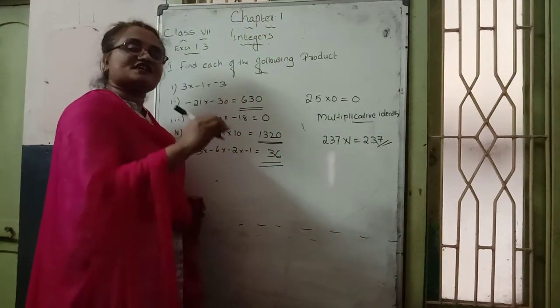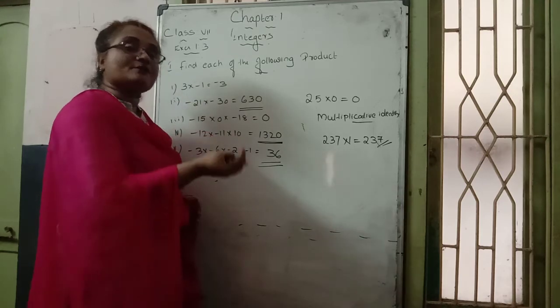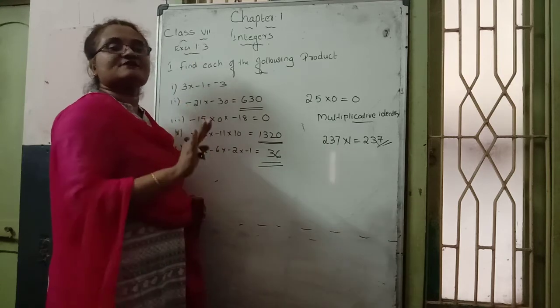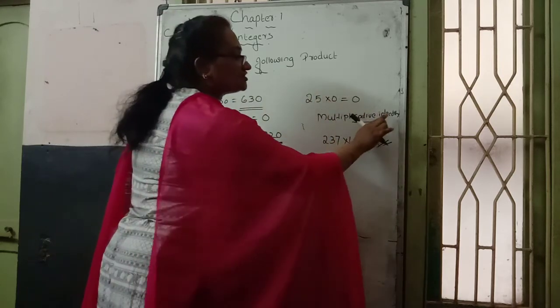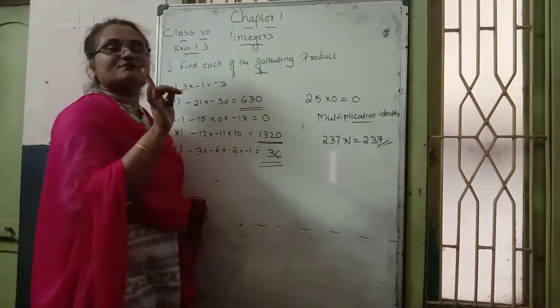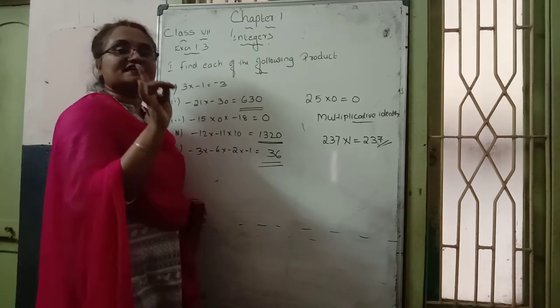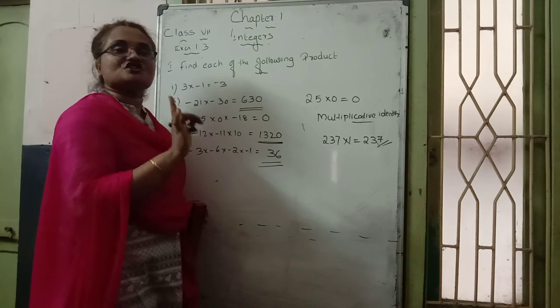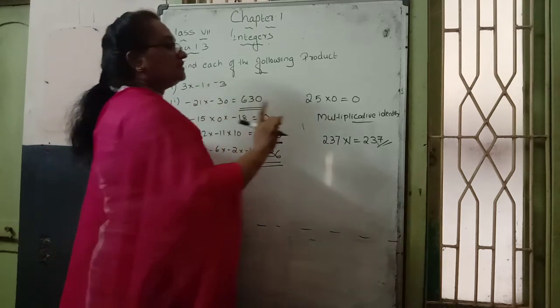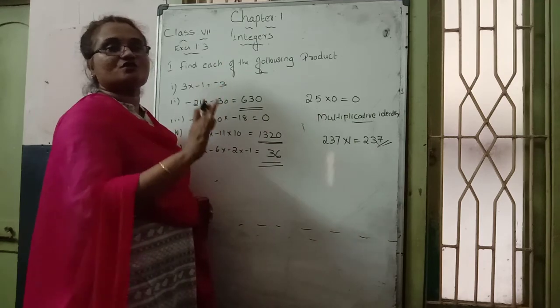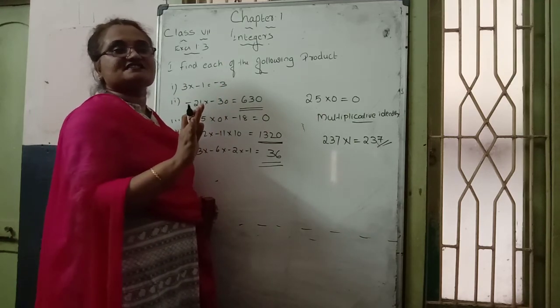Okay, so what can we conclude? Any number multiplied with 1, the same number comes as the answer. So what is the multiplicative identity? Asking which number comes as the multiplicative identity? 1 comes as the multiplicative identity. So one is the multiplicative identity. Any number multiplied with 0, always we get the answer as 0.